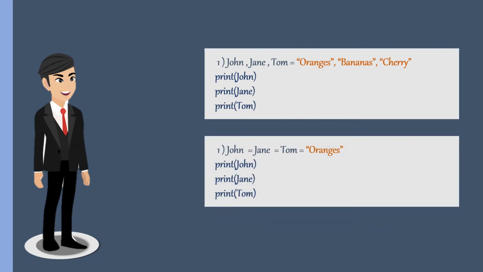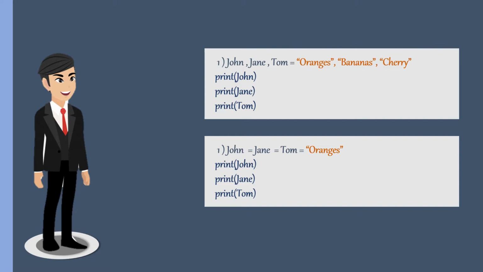Suppose in the third example, John, Jane, and Tom all like oranges. So in this case variable names John, Jane, and Tom have to be assigned one string value, and that is oranges. There are 2 ways we can get this information and print to the user, one of them being that we assign each person a value orange in each line of code, or we can assign everyone an orange value in one line.